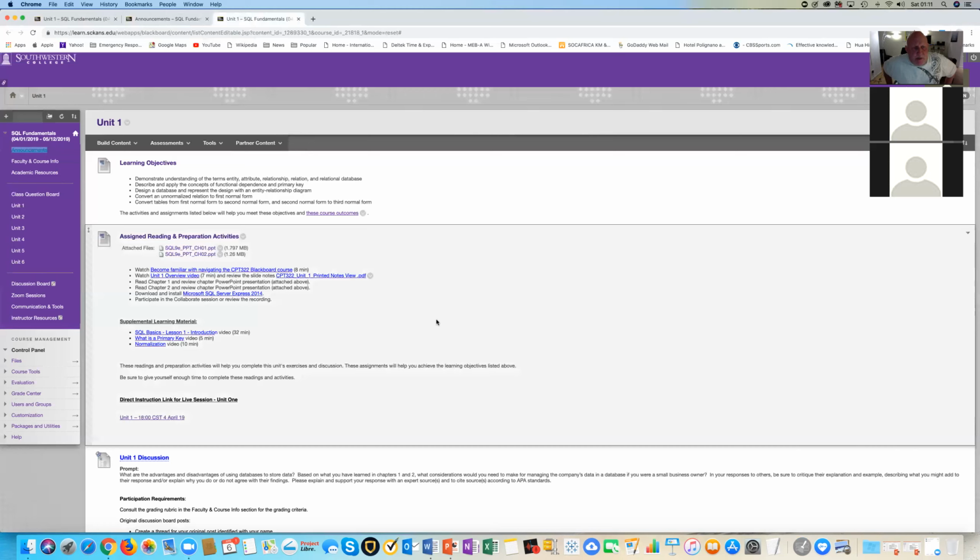We're going to describe and apply the concepts of functional dependence and what is a primary key. That's a thing there too. For this first week is knowing what a primary key is. We're going to design a database and represent the design with an entity relationship diagram. And we're going to convert an unnormalized relation to first normal form, and then convert tables from first normal form to second normal form, and second normal form to third normal form.